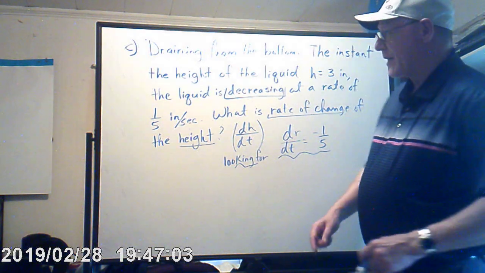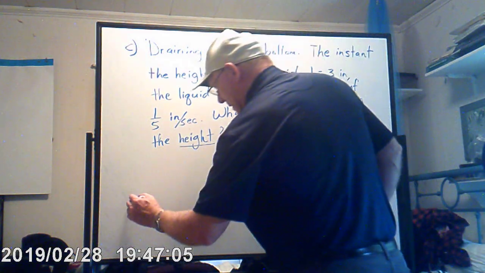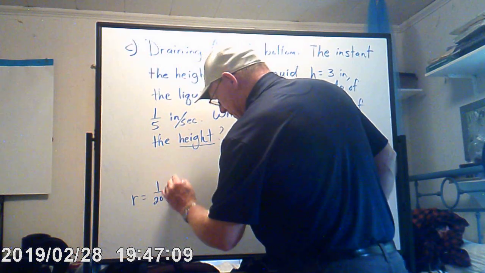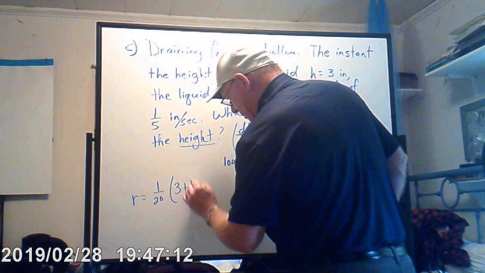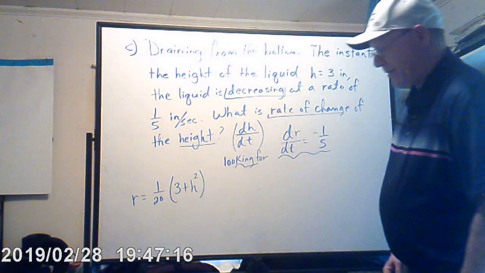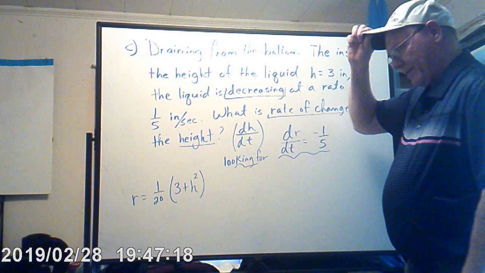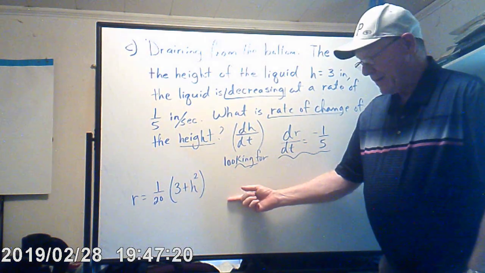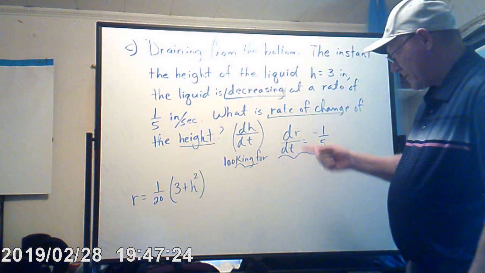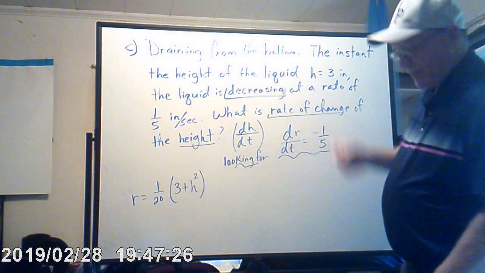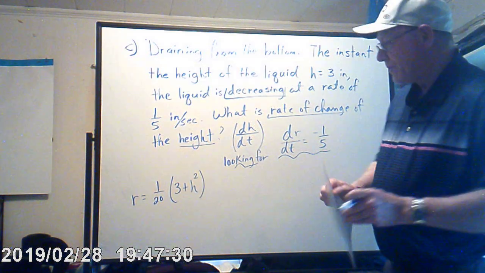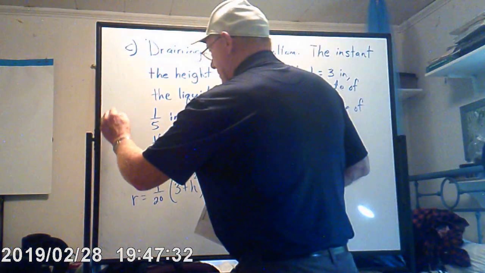Well, what are we setting up? Well, it's going to be R is equal to 1/20 times 3 plus h squared. This radius is changing.